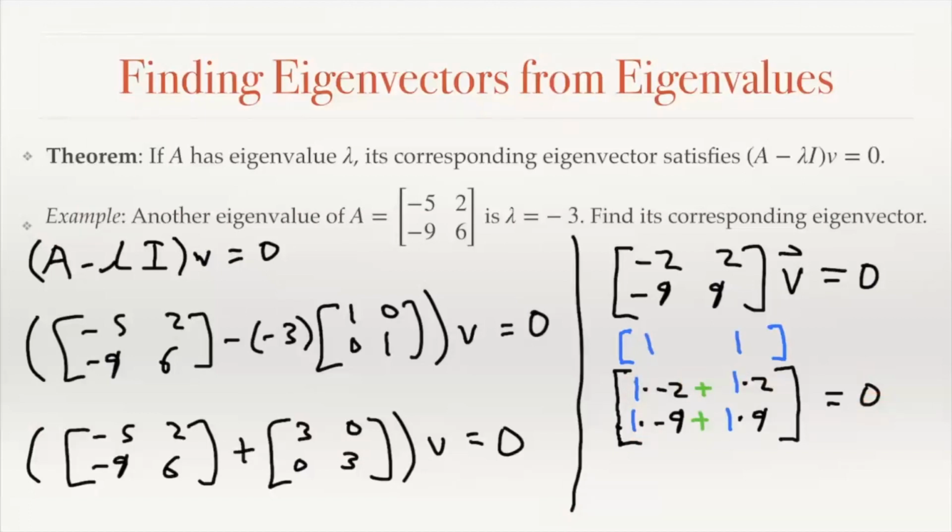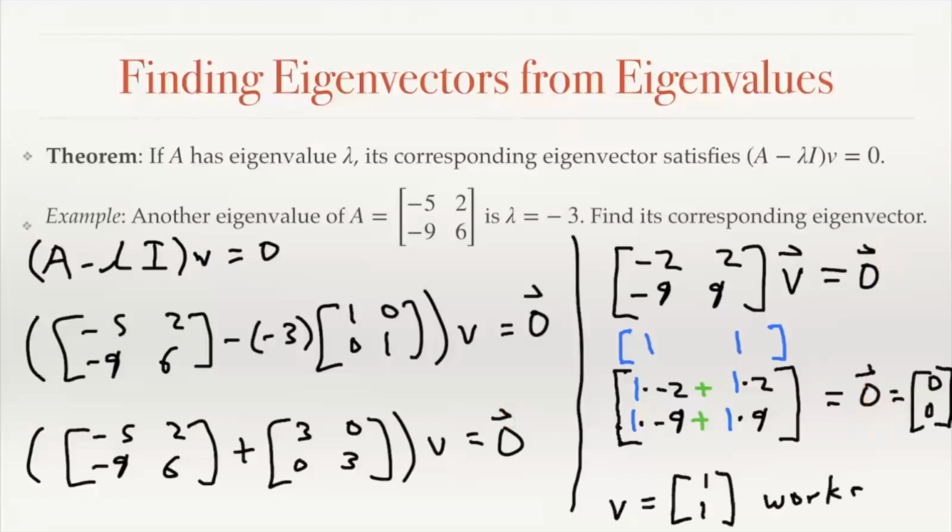I should clarify that when we're writing 0 on the right-hand side here, sometimes we denote the 0 with an arrow over it to indicate that it's the vector 0. What that really means is 0, 0. So v equals 1, 1 works, and that would be an eigenvector where the eigenvalue lambda equals -3.